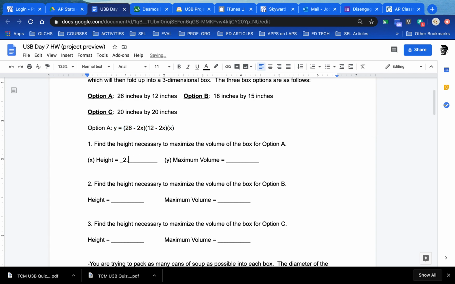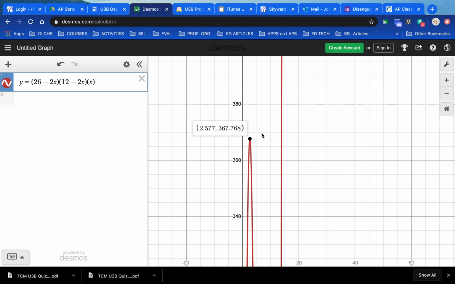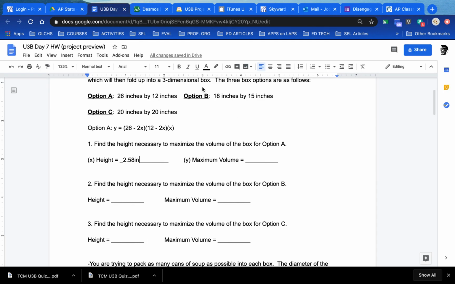That is the height that you'd want, 2.58 inches. And the max volume would be the y value, 367.77. And that's going to be inches cubed, or cubic inches if you want to write that.